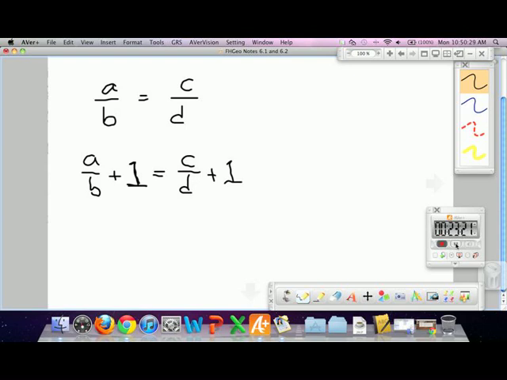Someone said over here, common denominator. So I need to get both of these to have the same denominator. Well, how do I add a fraction to a whole number? I better put it over 1. So I build a fraction first. And what's the smallest number in common between B and 1?